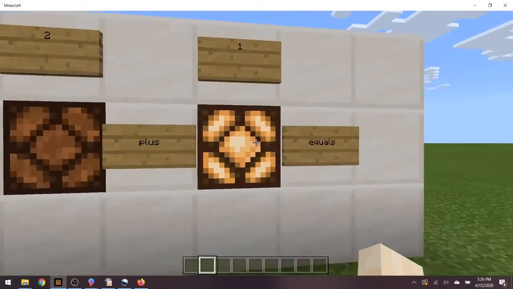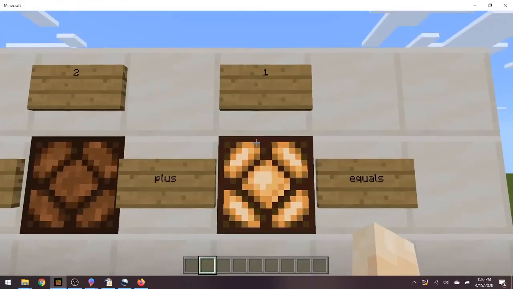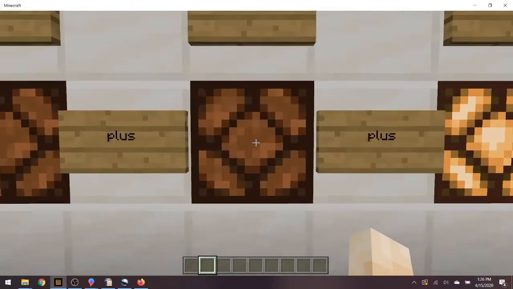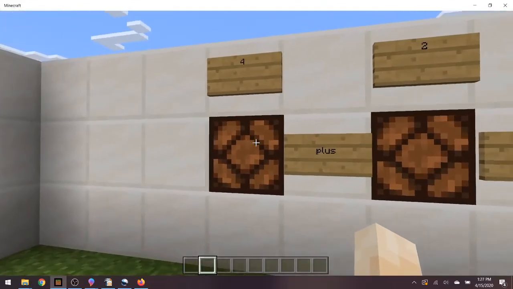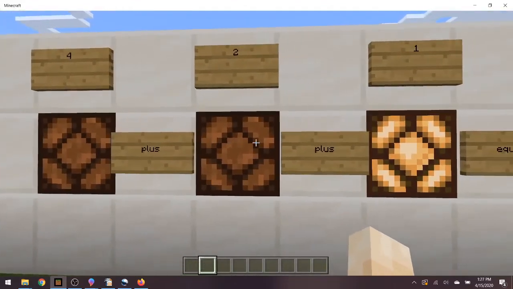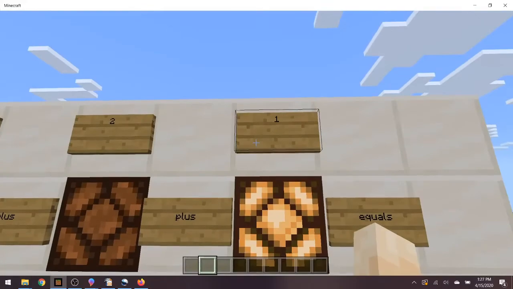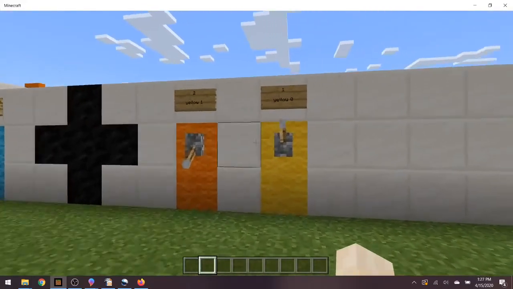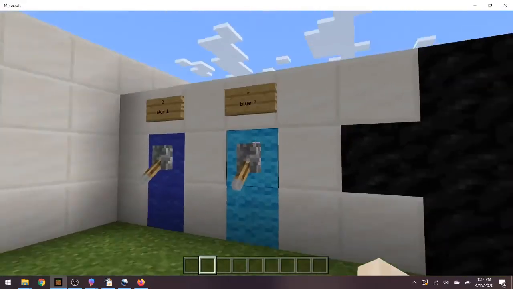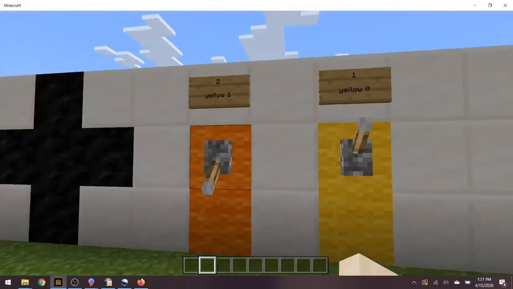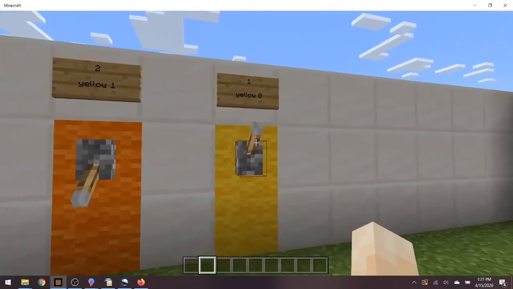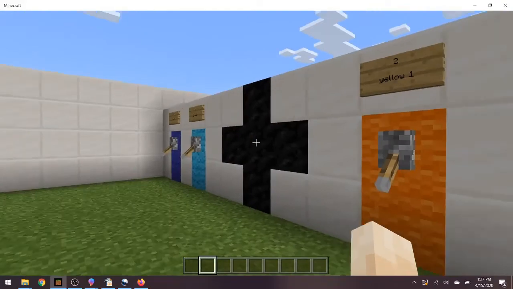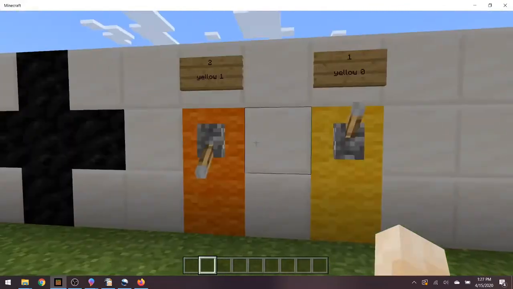And if the light is on, that means we count that. And if the light is off, we don't count it. So this would be like the number 0, 0, 1, which is just 1. So we had 0 as a blue, 0, 1 as yellow. So 0 plus 1 is 1.